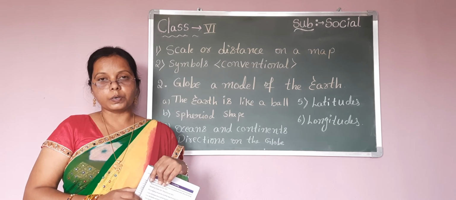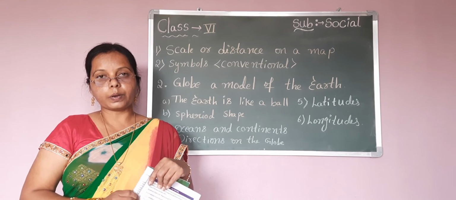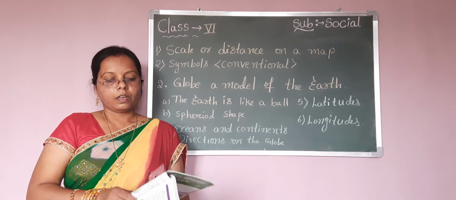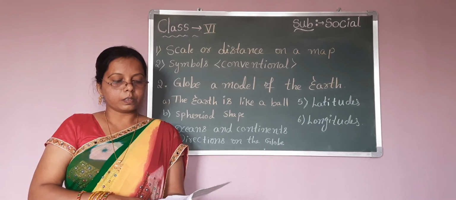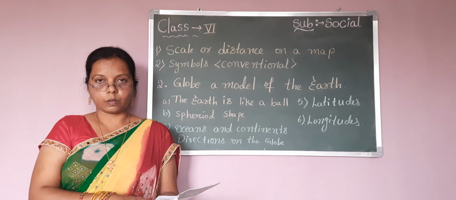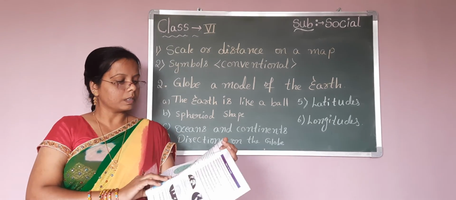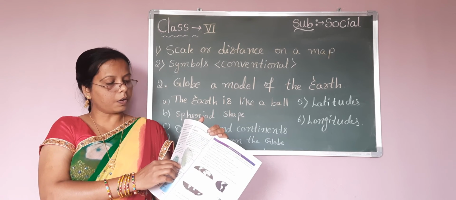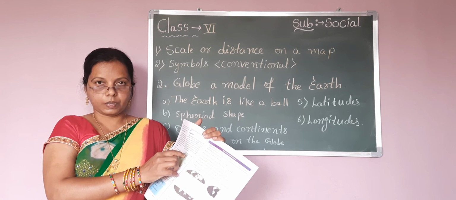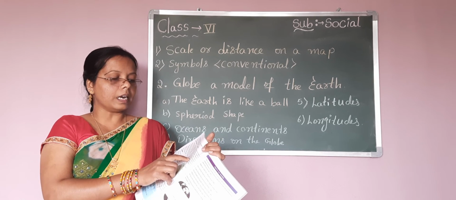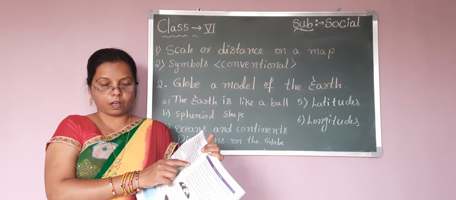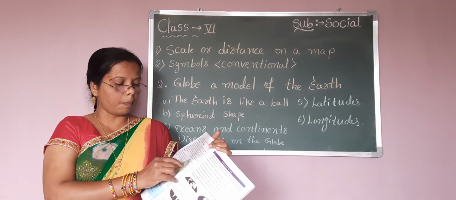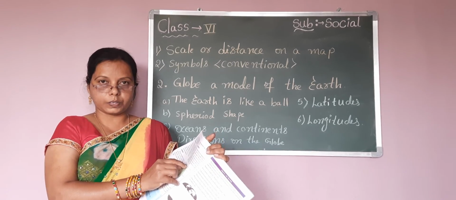Among these longitudes, we have 2 important longitudes. You can underline them in your textbook also. Those are the Greenwich or 0 degree longitude, and the next one is the international dateline or 180 degree east or west longitude, which is opposite of the 0 degree longitude.